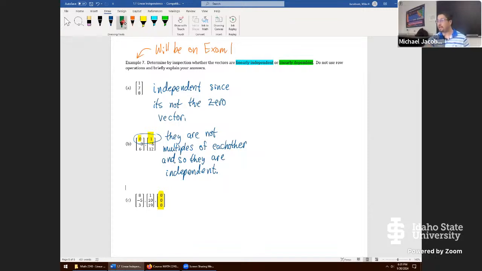That zero vector has destroyed any possibility for independence of that set. So here we can say dependence or dependent, since the zero vector is in the set. So in that set of three vectors, the presence of the zero vector is the only thing that you need to determine dependence immediately on that one.